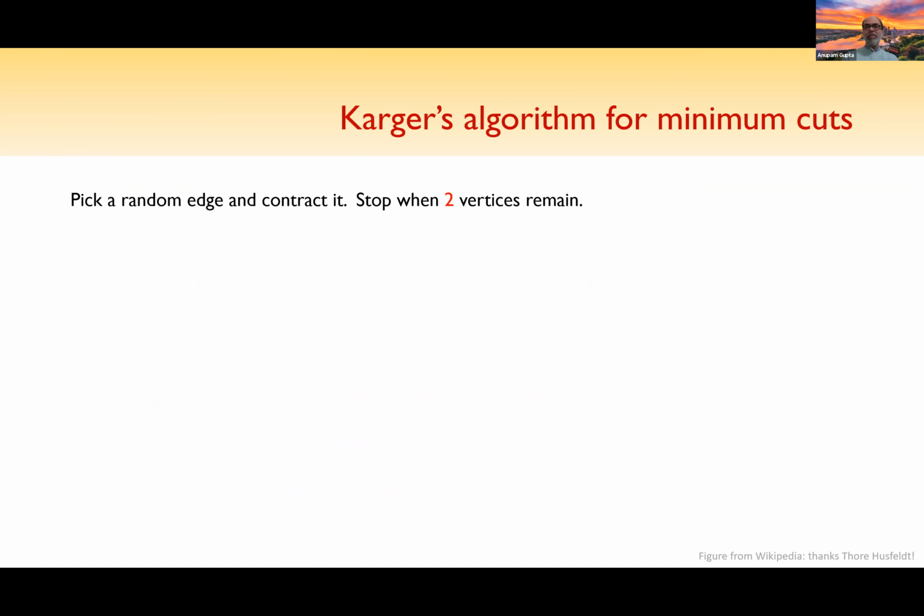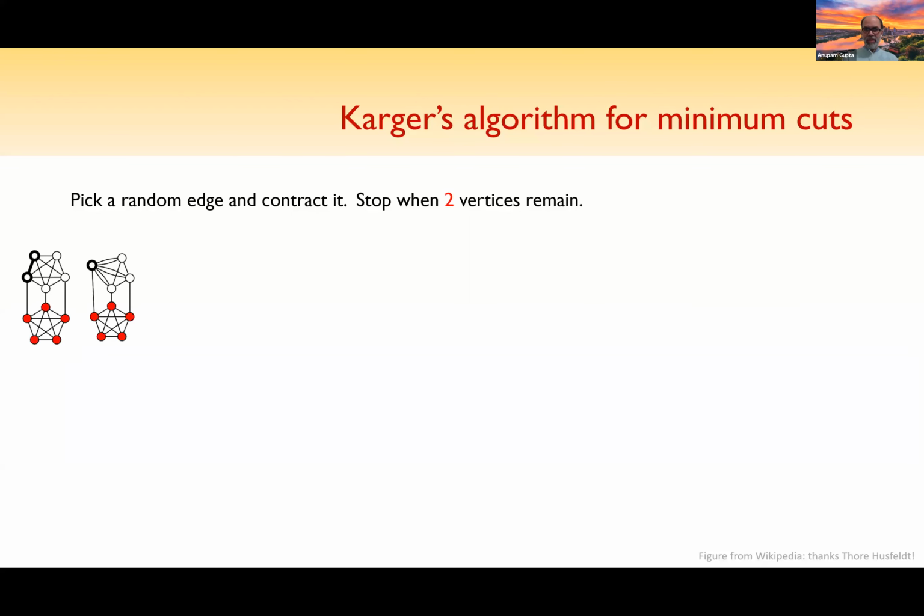It says pick a random edge in the graph and contract it. And here I'm assuming for the rest of this talk, let's assume unweighted graphs. We can all handle weighted graphs, let's not worry about it. So pick a random edge in the graph and contract it. Remove self loops, keep parallel edges though. And stop when 2 vertices remain.